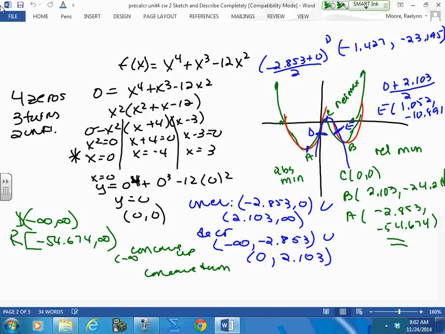So from negative infinity to negative 1.427. Then we're concaving down between those two inflection points. That's the easy one, I think. Because you're right between your two inflection points. And then from there, you're concaving up to infinity. Again, those need soft brackets as well. Because they're sharing their points.